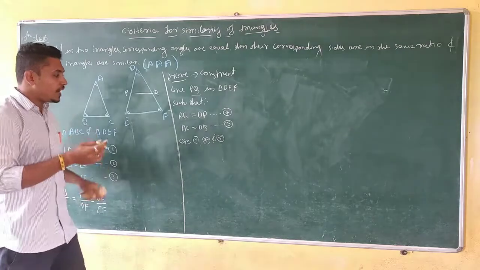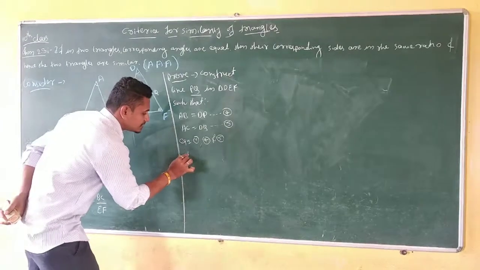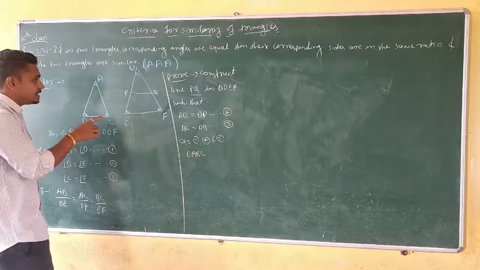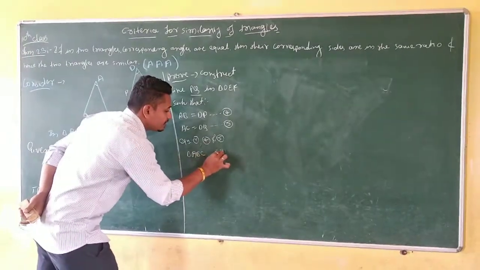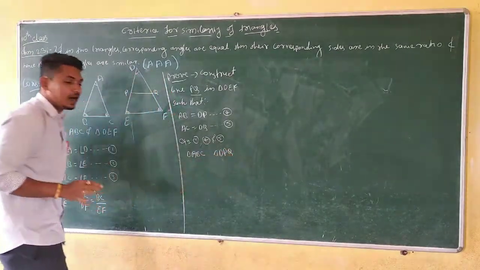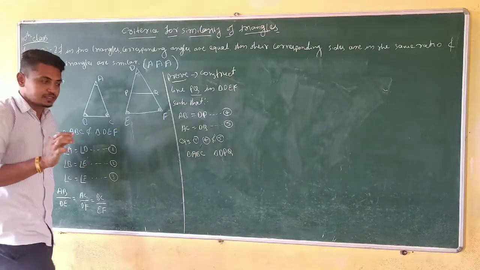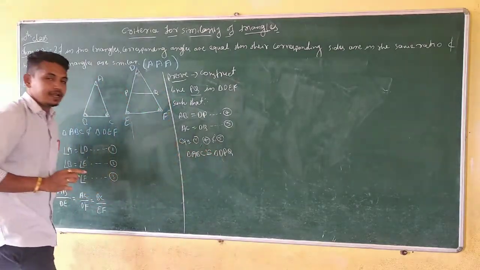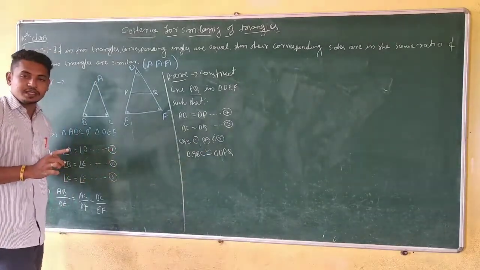Then we can write that triangle ABC and triangle DPQ are congruent.